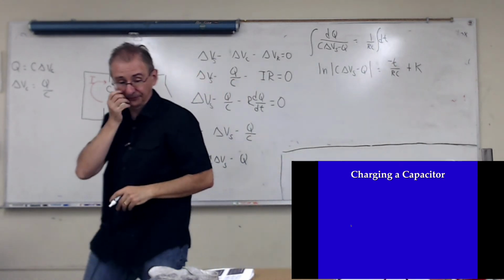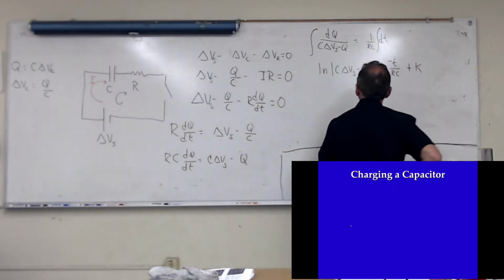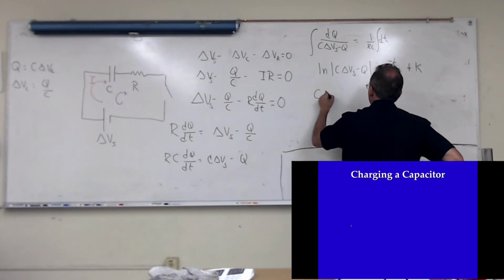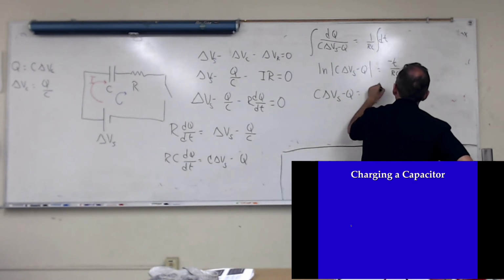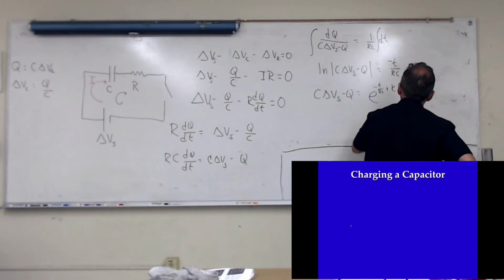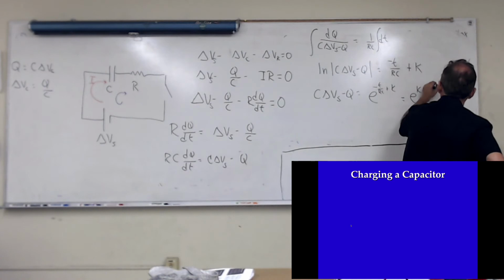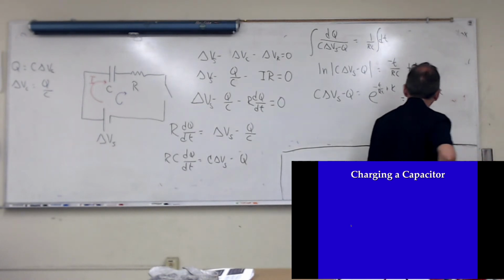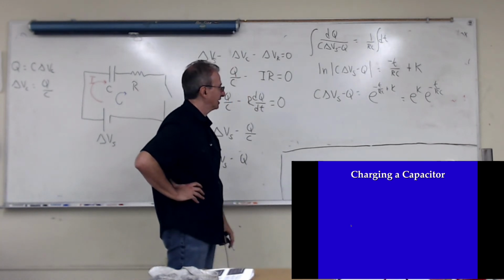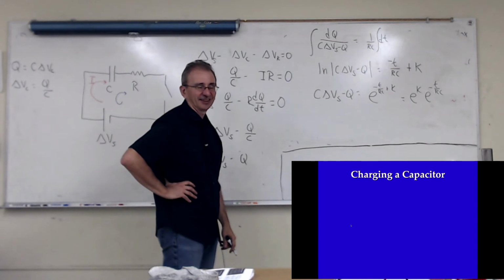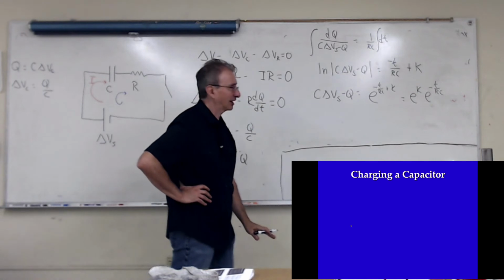The next thing I'm going to do is exponentiate both sides, so take everything e to the power. E to the K. What's e to the K? Just another constant. I know in math class I'm supposed to give it a different name, so I'll give it a different name.